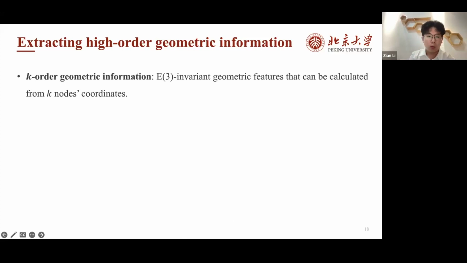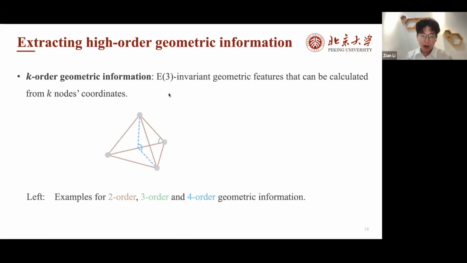First, we will show what k-order geometric information is. We define this as all the E3 invariant geometric features which can be calculated from k nodes' coordinates. For example, we show 2-order, 3-order, and 4-order geometric information in the left graph. They are distance, angle, and dihedral angle, respectively.